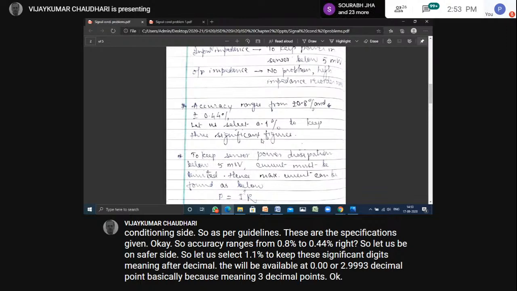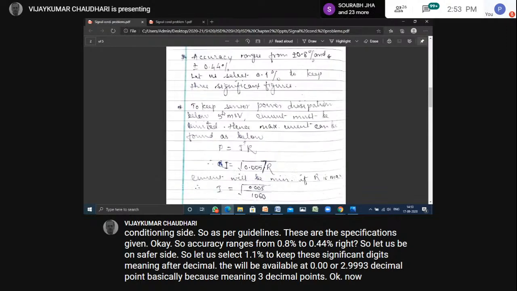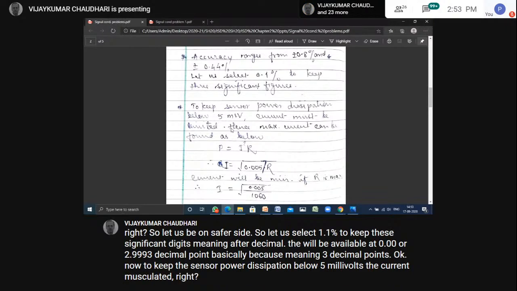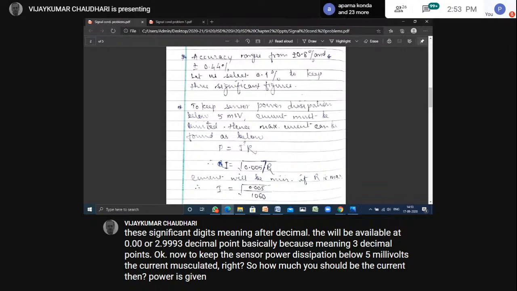Now, to keep the sensor power dissipation below 5 milliwatts, the current must be limited. How much should the current be? Power is given, and the sensor resistance range we know.